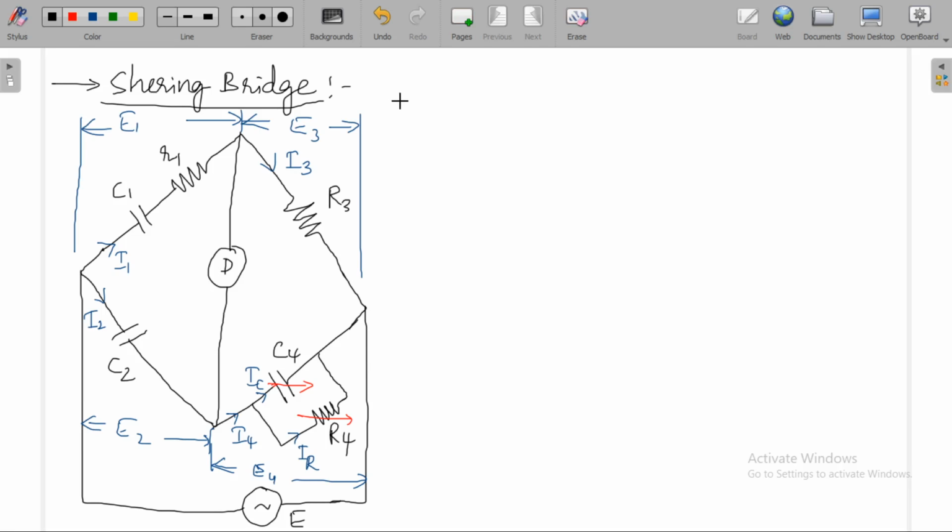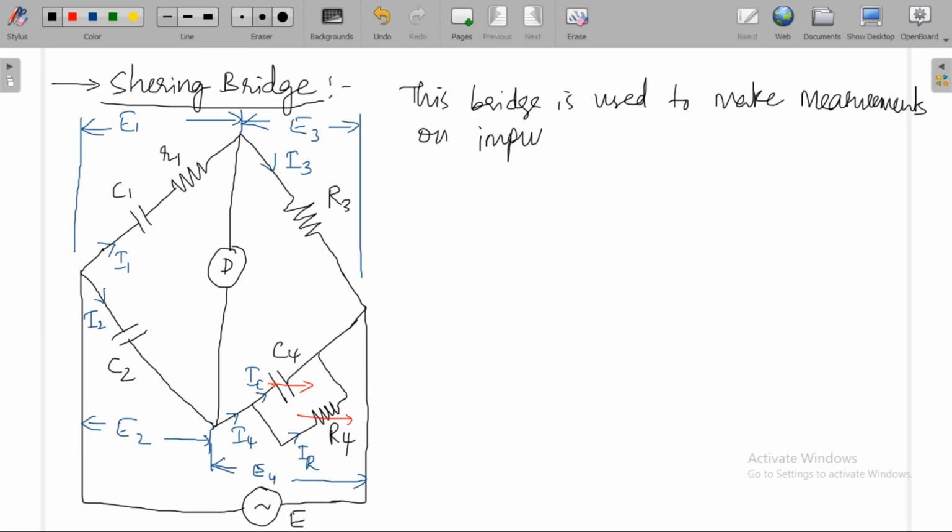This bridge is used to make measurements on impure capacitor or imperfect capacitor.